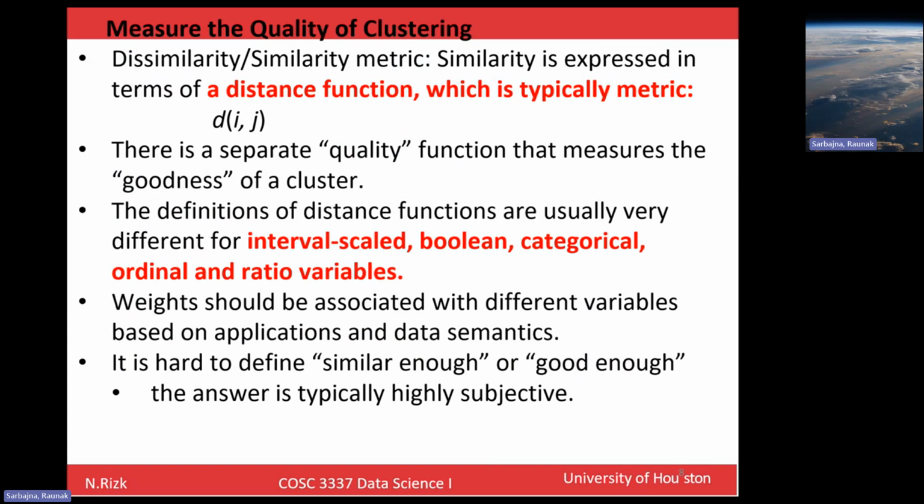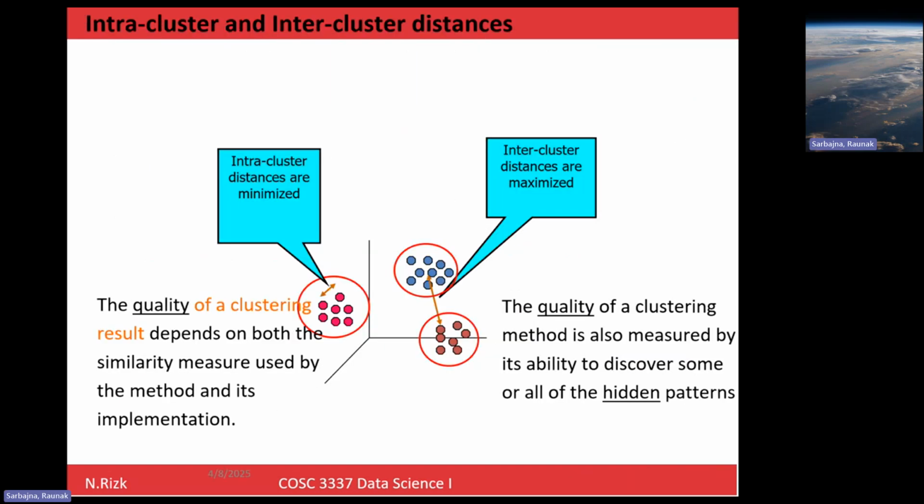And a big challenge is that if you have done one set of clustering and then you do another set of clustering, and one has a silhouette score of 0.8 and another has a silhouette score of 0.5, you cannot compare them. There is no comparable information between those two. You cannot directly say that this clustering is better than that clustering because it depends on so many different subjective things.